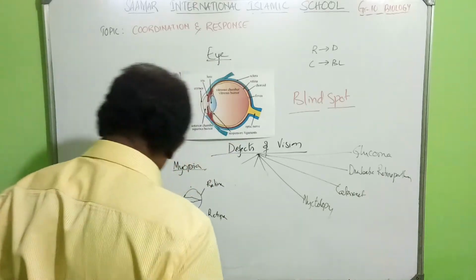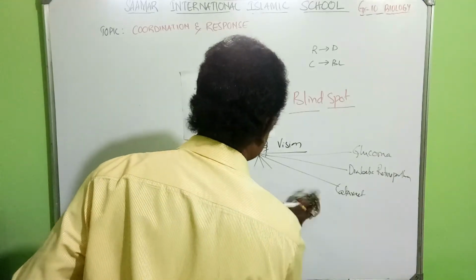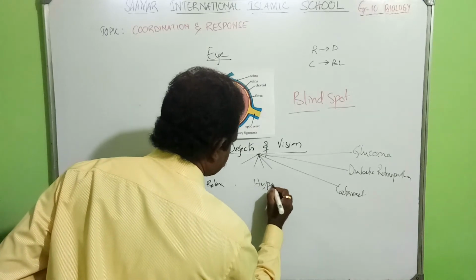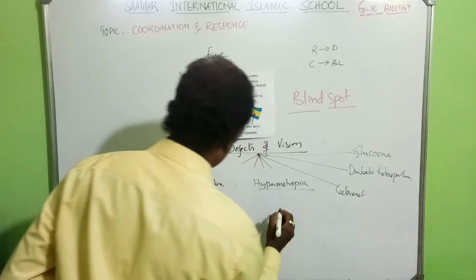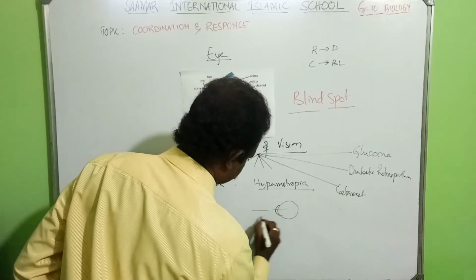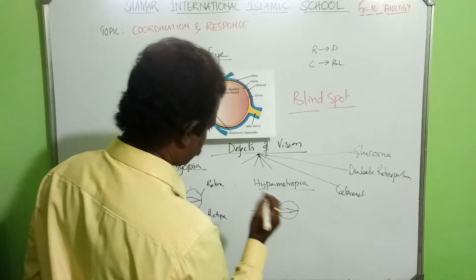In hypermetropia, this is your eye. You can see this is a normal vision.